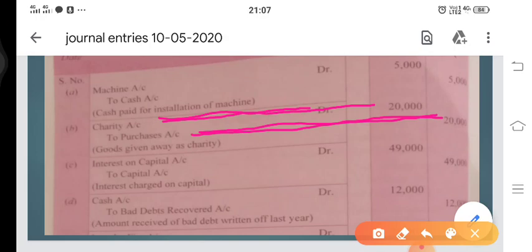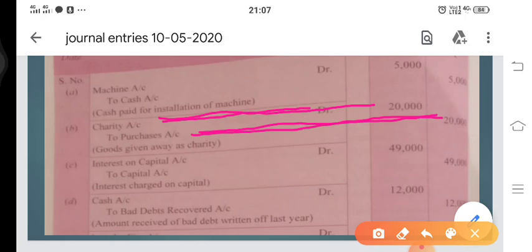Moving towards the next point, we have interest charged on capital at the rate of 7% per annum when total capital was 7 lakh. So students, do remember that we had a capital of rupees 7 lakh, and on that 7 lakh we have to charge interest at the rate of 7% per annum. First of all, do remember what capital is.